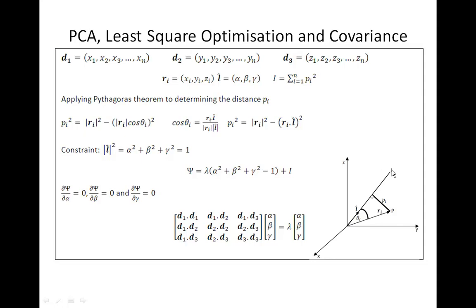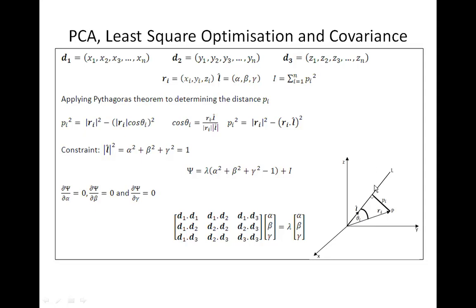We do this by calculating a sum of squares. This is the sum from i equals 1 to n of p_i, which represents the perpendicular distance between a point in the scatter diagram and the line representing the greatest variance in the data.